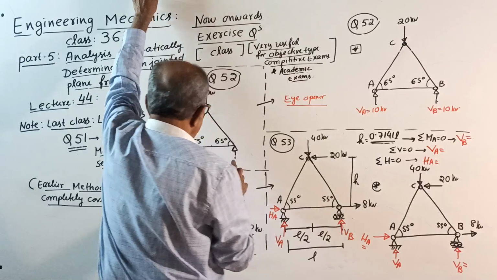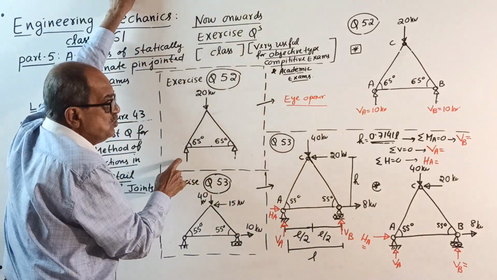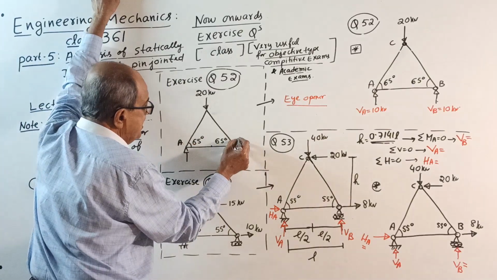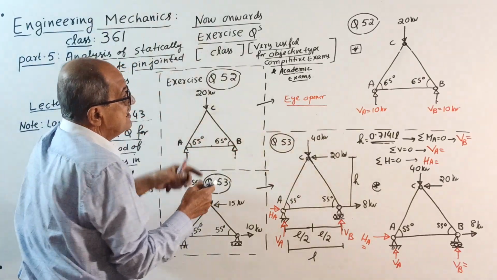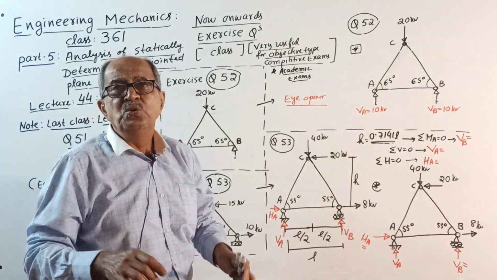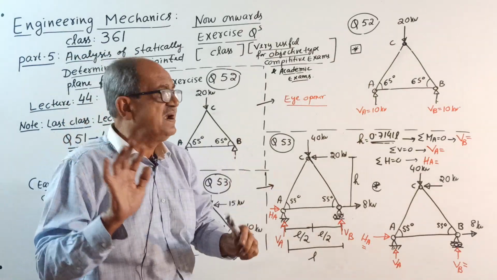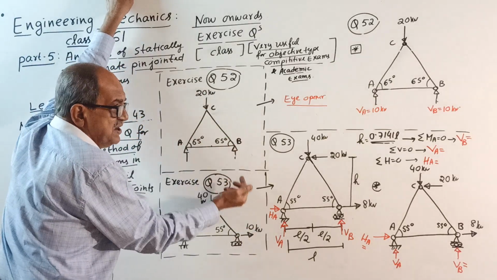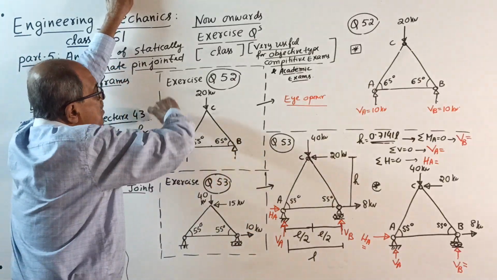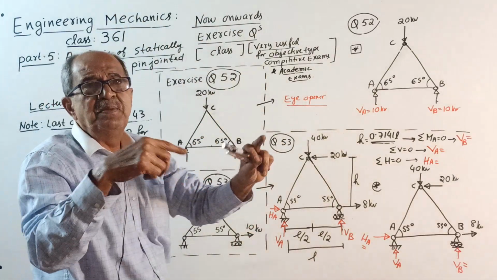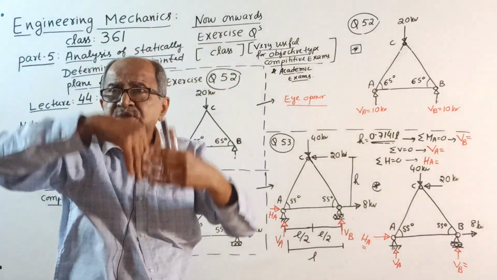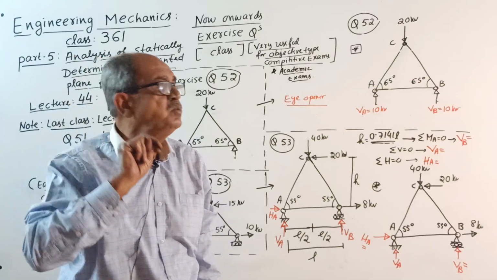See, directly write. Due to symmetry, you can do one thing, make the point A here, make it B and make it C. Write a statement. Due to perfect symmetry, vertical reaction at A equal to vertical reaction at B equal to, both of them assumed to be upward, total downward load divided by 2.